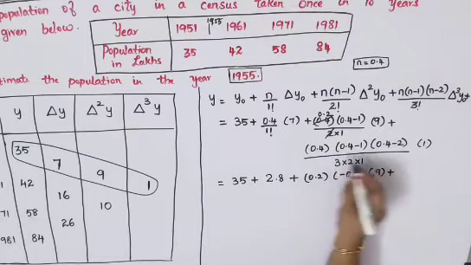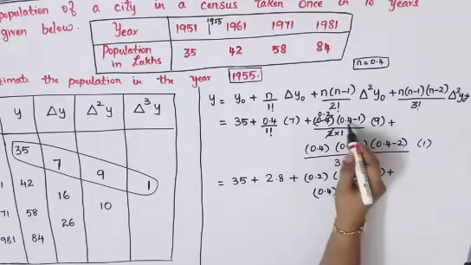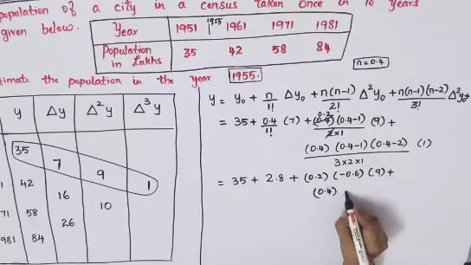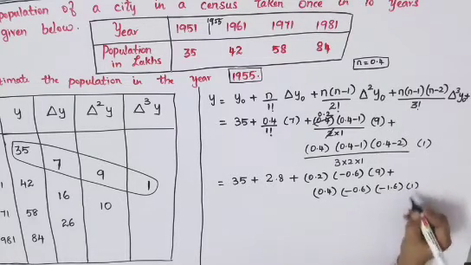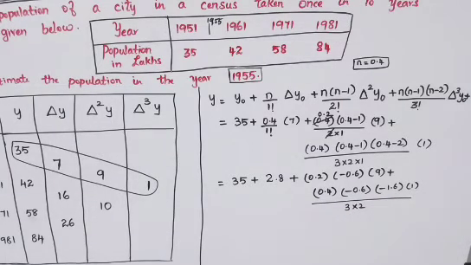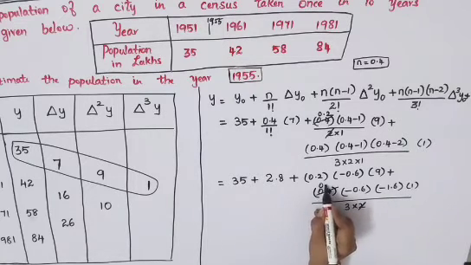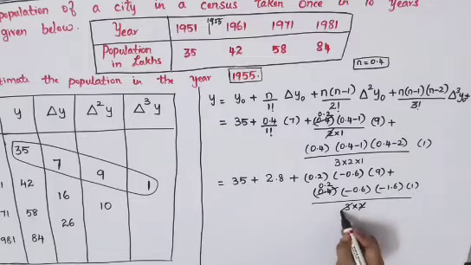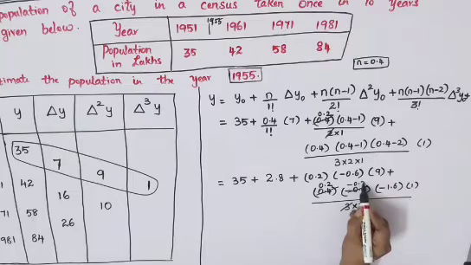Then the next term: 0.4, 0.4 minus 1 is minus 0.6, 0.4 minus 2 is minus 1.6, into 1, divided by 3 into 2. You can cancel this 2 and 0.4, you get 0.2. Again 3 and 0.6 you can cancel, but minus is there, so minus 0.2.